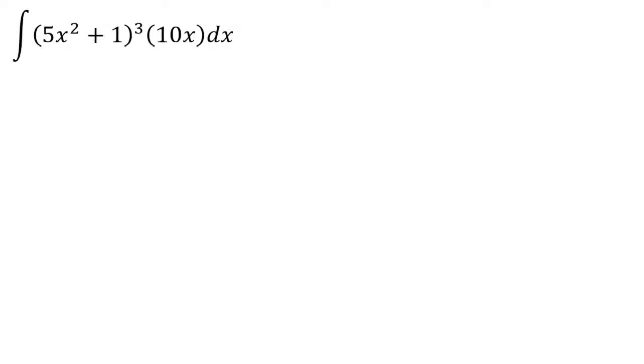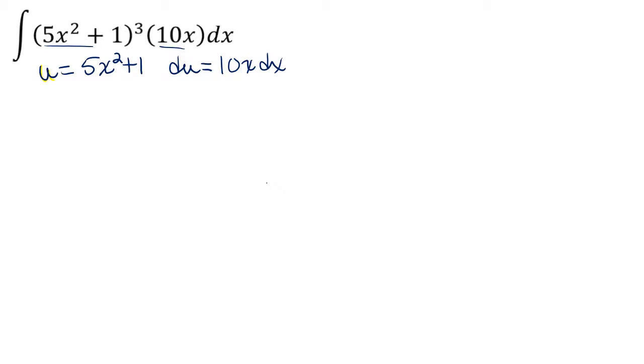First thing I want to do is identify u. I want to identify an inner function whose derivative is also there. So if I look at this 10x right here, that's the derivative of 5x squared plus 1. So if I let u equal 5x squared plus 1, the derivative of that is going to be 10x.